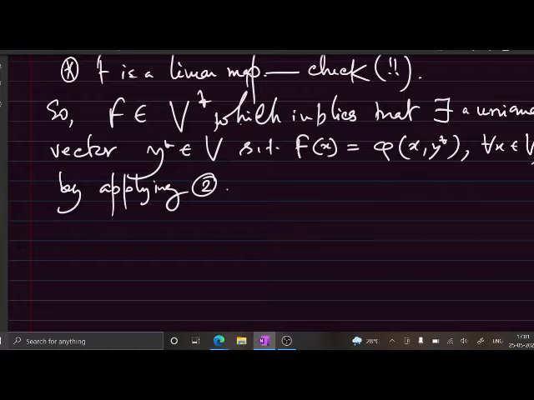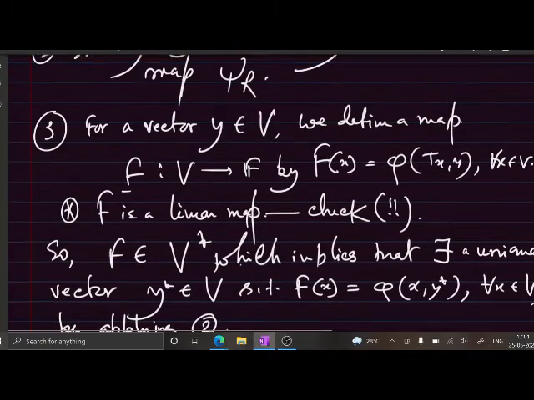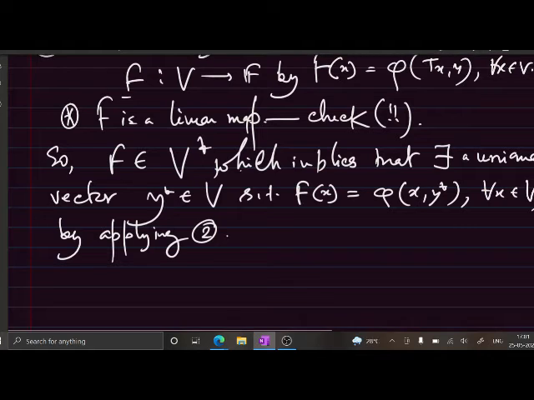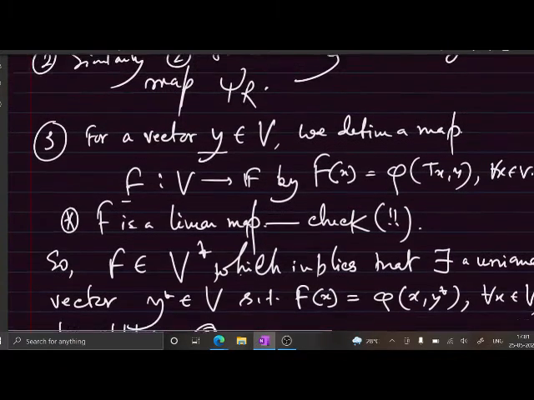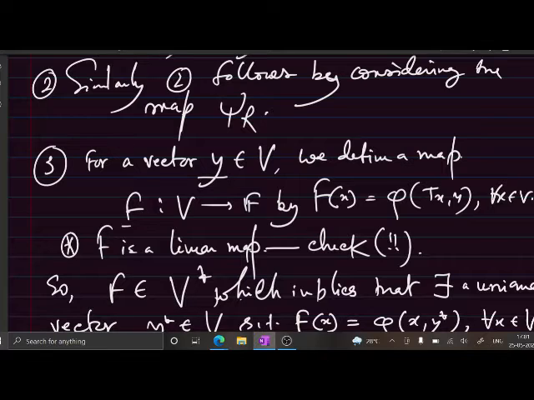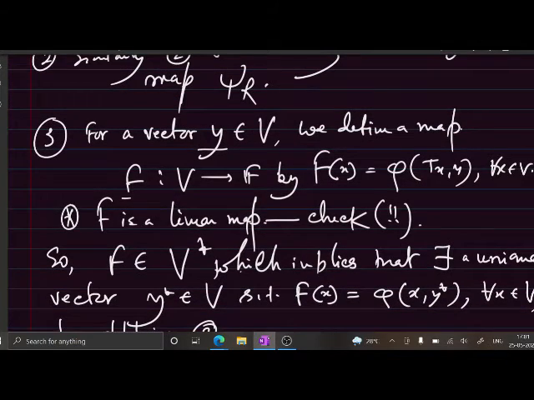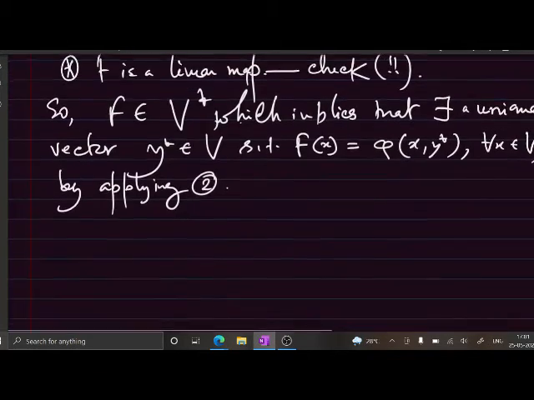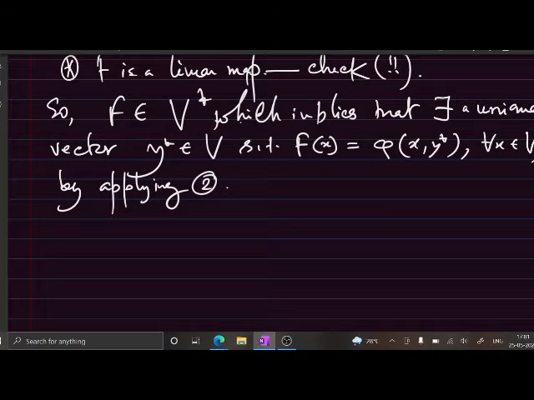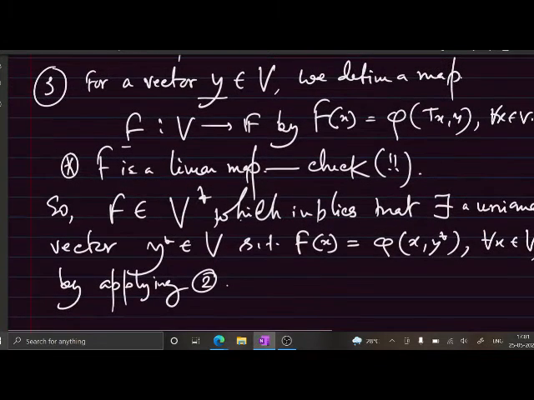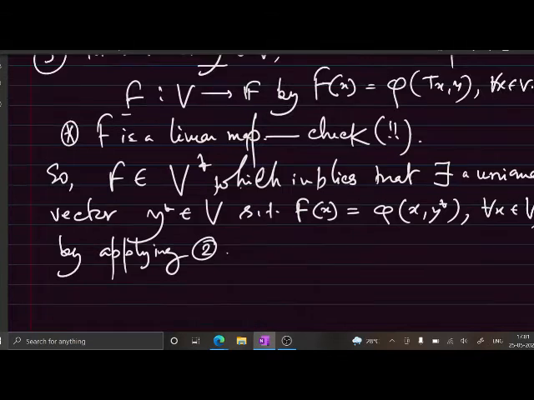So for a given y you can have a unique y star. For a given y belongs to V, by means of this linear map f, you can get a unique vector y star in V. So somehow there is a correspondence between V to V via this f.